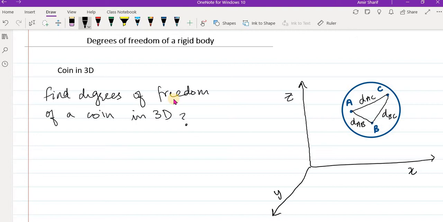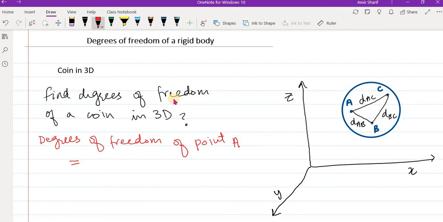So if we want to find the degrees of freedom of point A, this will be equal to the number of freedoms of point A.